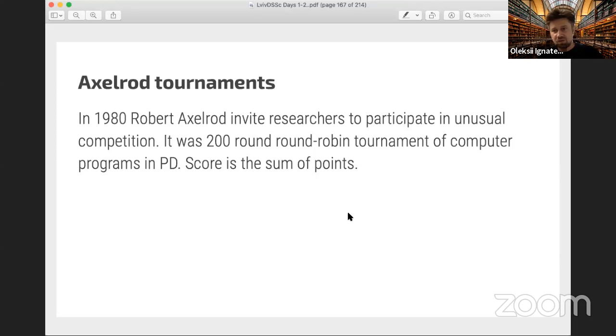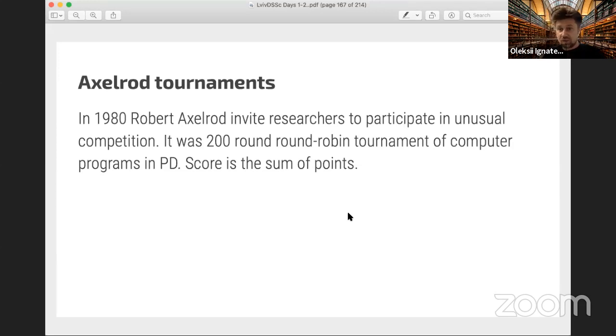It was a 200-round round-robin tournament of computer programs. They played Prisoner's Dilemma with each other, and the score was the sum of points, using the same numbers that we already saw in this matrix: 3, 3, 5, 0, 1, 1.